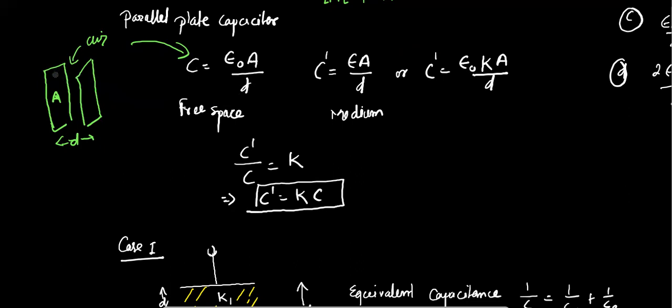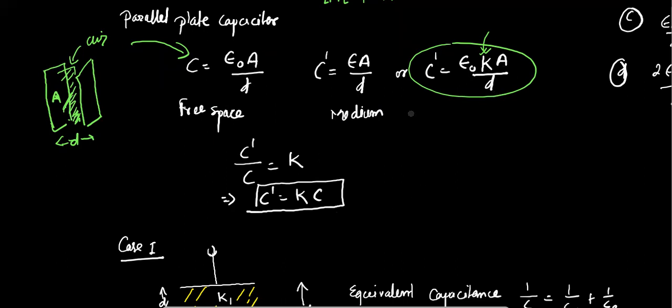And if the space between these two plates is replaced by another substance having dielectric constant K, then we can use the expression for capacitance as epsilon naught K A by d.